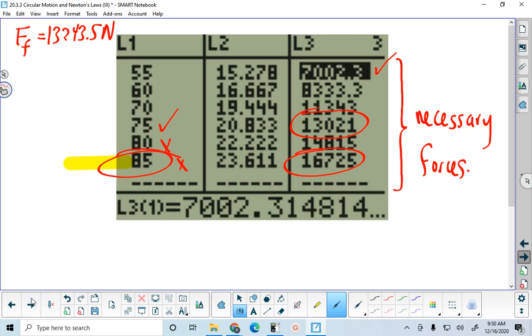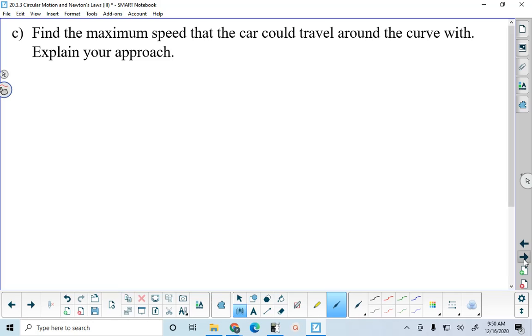All right. So now the question is, and this is the kind of question that I would normally ask, what's the maximum speed that the car could travel with? Now, Liam, yesterday we had a conversation about, I think it was 35 newtons and we were using 34.999. We don't take that approach here.